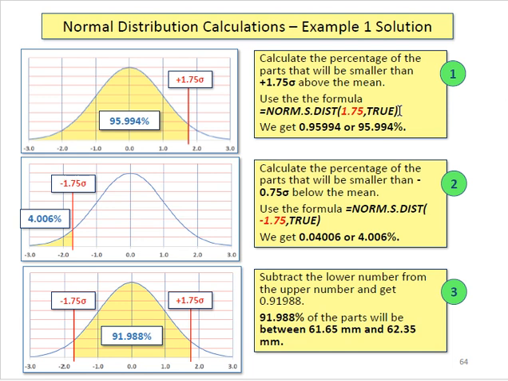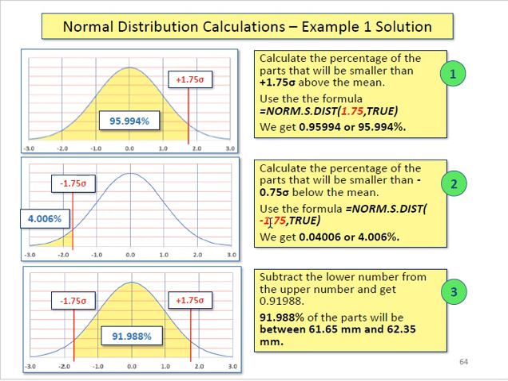TRUE is calculating the CDF, your cumulative distribution function. And so we're going to get the probability, which is 0.95994, and turn that into a percentage by multiplying with 100. So you're going to get 95.994%.